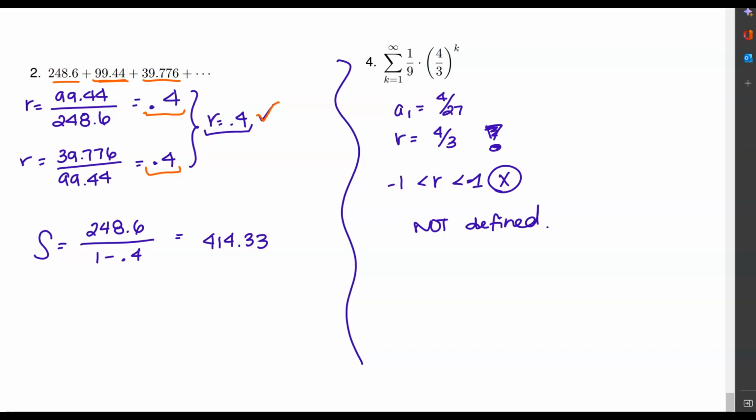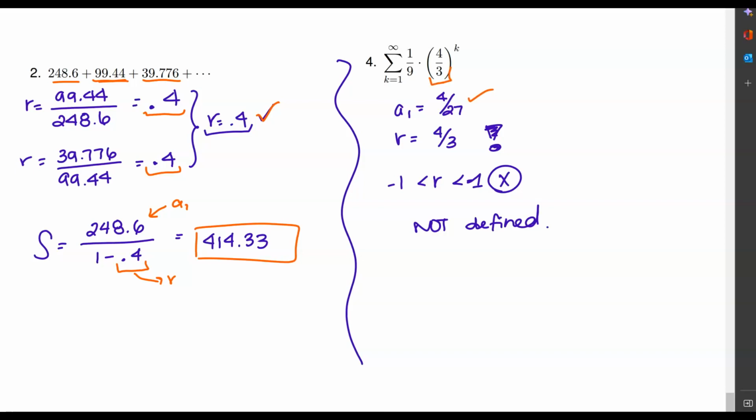I can tell it is geometric, and more importantly, that ratio is between -1 and 1. So it is defined, so I can go ahead and do the sum. Here is my first term, and then I have 1 minus my ratio, and so I get a total of 414.33.